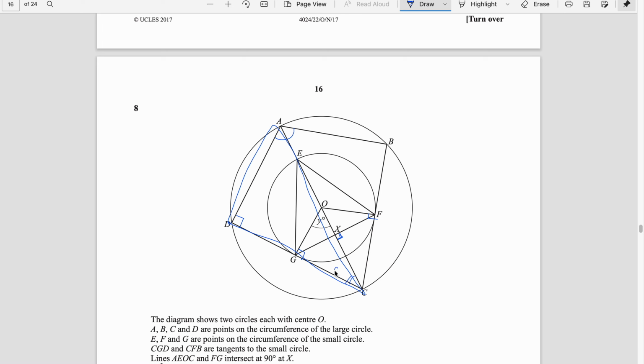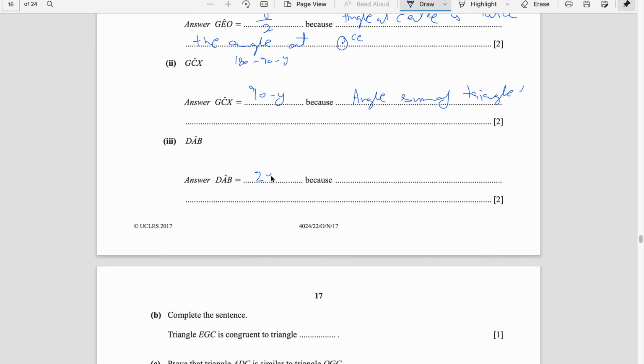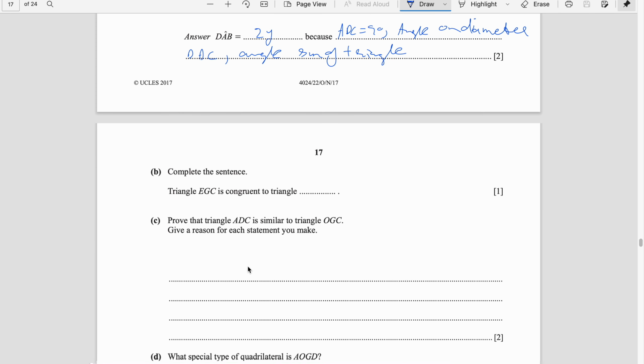We just proved this angle is 90 minus Y. So take away these two angles and we get this again as Y. And this complete angle should be 2Y. So 2Y. First reason, ADC is equal to 90, then angle on diameter is the reason for this. And DAC, then angle sum of triangle. You get Y and then you doubled it on the other side.